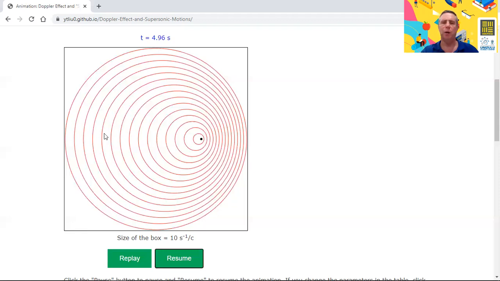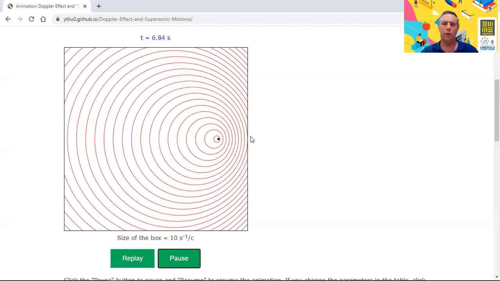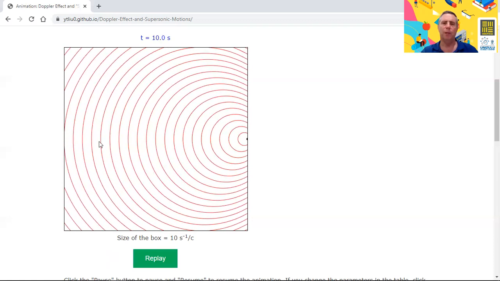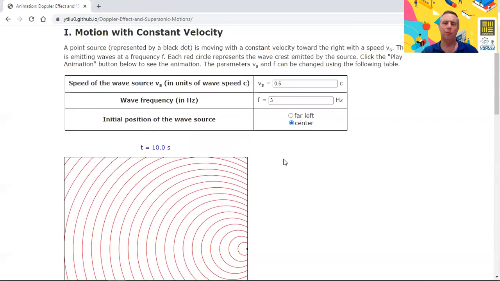The wave fronts behind the source are stretched out. In terms of sound, you'd hear a high pitch and a low pitch. In terms of light, you would see a blue shift as it approaches or a red shift as it leaves. And if you just look, you can see that the waves hit this wall very often, but they don't hit this wall quite as often. And that is a Doppler effect.